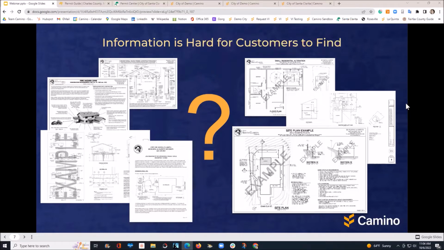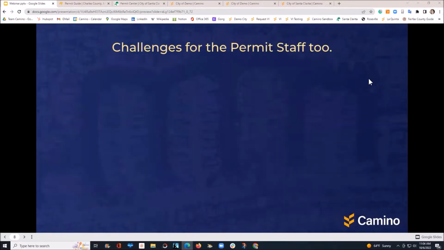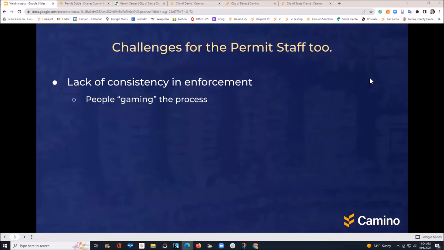And for you, it's a manual process to gather this information because it's constantly changing. The permit department, or a special event department or business licensing department, has its challenges too, in the sense that there's a lack of consistency in enforcement.